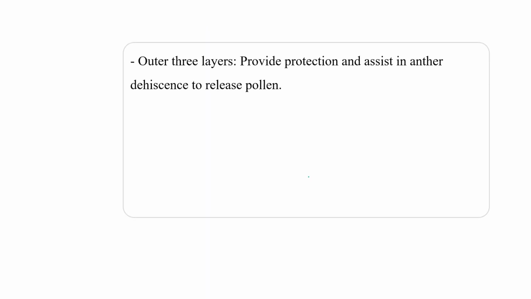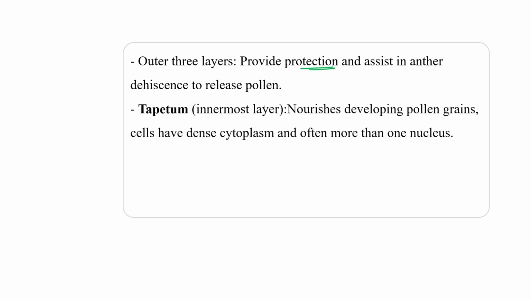The outermost three layers are responsible for the protection of the pollen. Okay, they provide protection, and the innermost layer, which is known as tapetum, actually provides nourishment to the developing pollen grains. And these cells have a dense cytoplasm and often more than one nucleus.